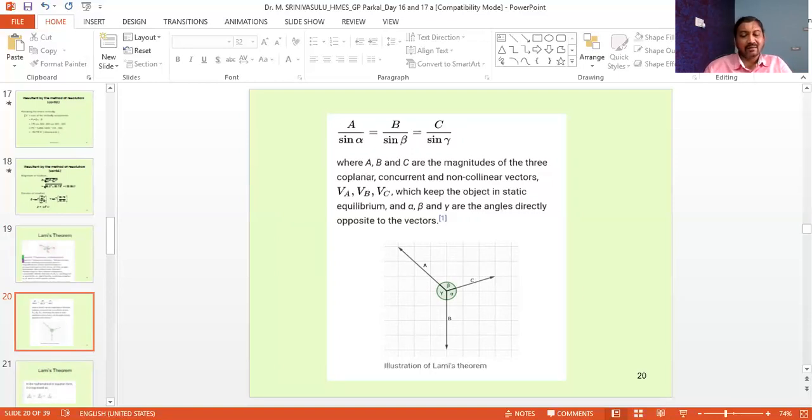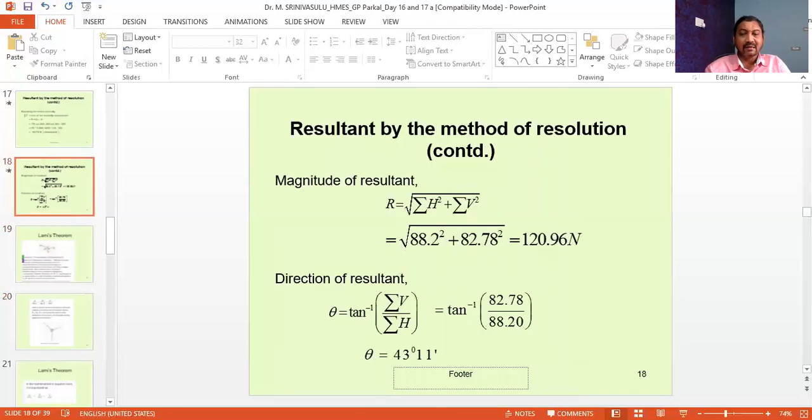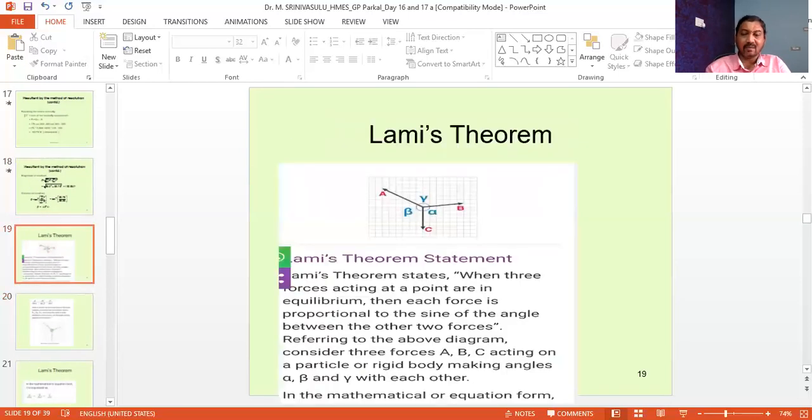So here in this case, A, B, C are the forces, and alpha, beta and gamma are the angles. And this Lami's theorem can be useful to find out the unknown forces when some known force is given, and we are able to find the unknown forces if we know the angles.